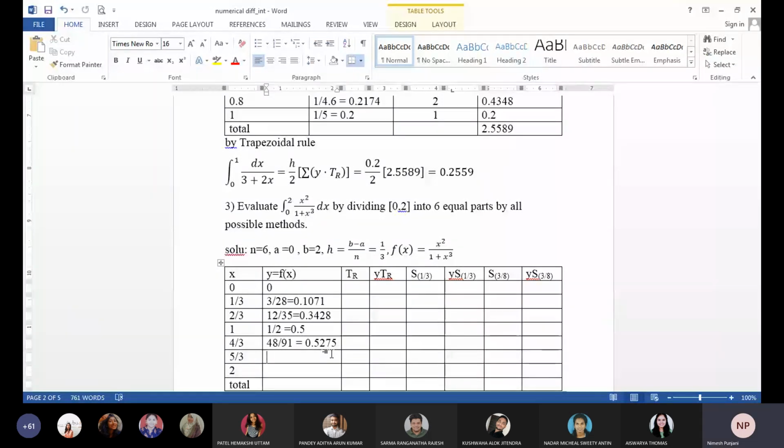For 5 by 3, 25 upon 9, so it will be 75 divided by 152. 75 divided by 152. 4934. 0.4934.